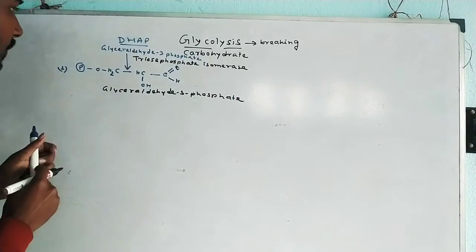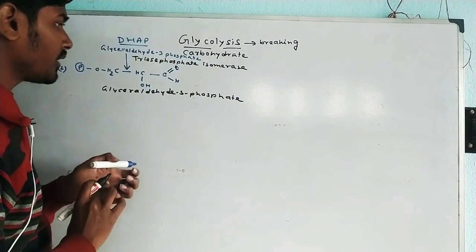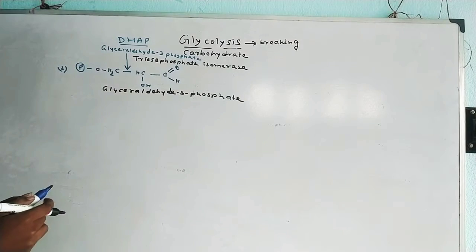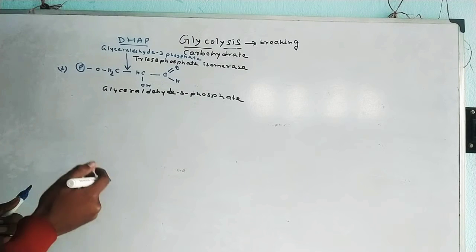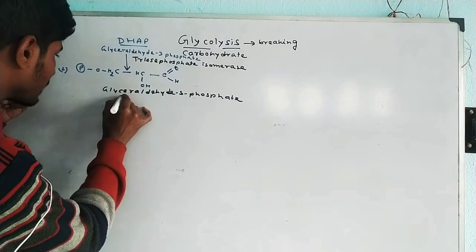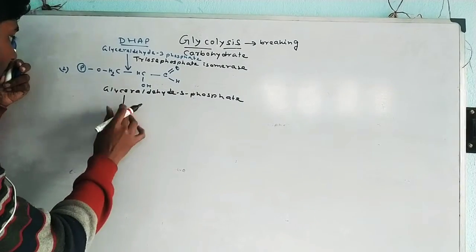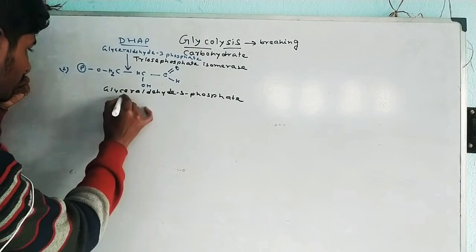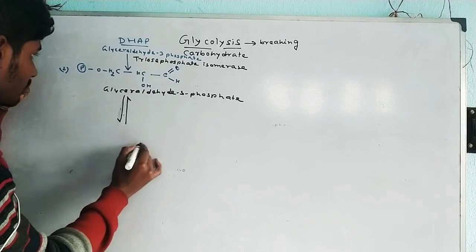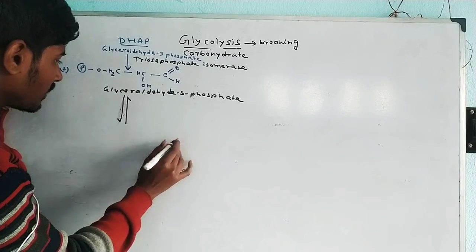Now glyceraldehyde 3-phosphate is converted to 1,3-bisphosphoglycerate by the action of the enzyme glyceraldehyde 3-phosphate dehydrogenase. Okay, so first of all it is converted to 1,3-bisphosphoglycerate.